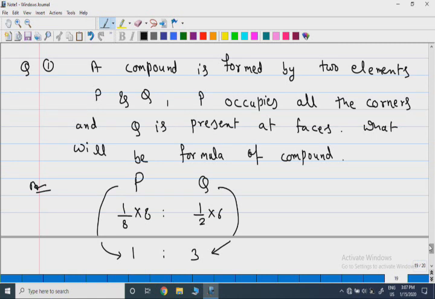Are you clear with question number 1? Okay, good. Please copy it. Yes, PQ3.